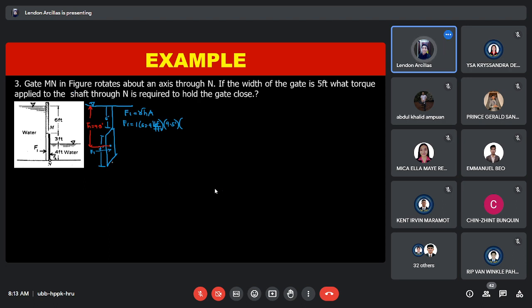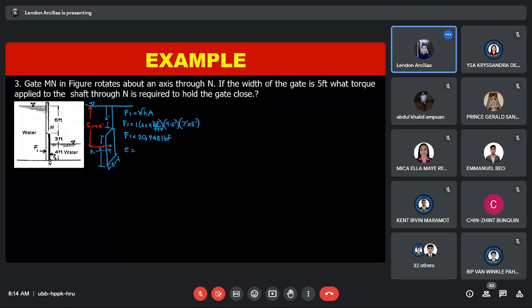Width is 5 feet. Okay, so ating hydrostatic force at the left side is 20,748 pound force.